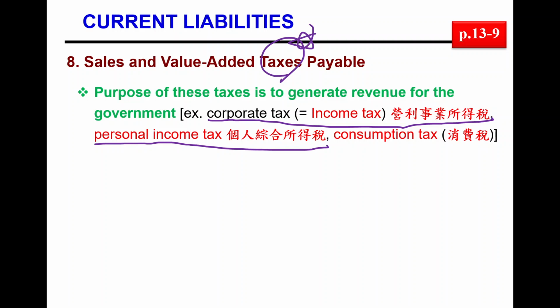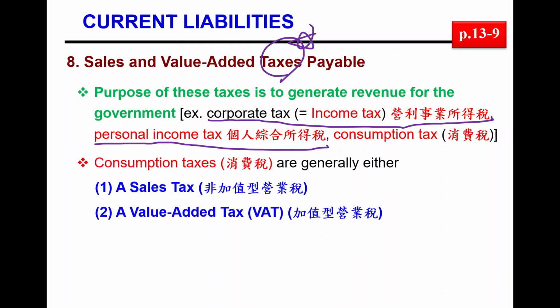But not only income tax you have to pay. Also, as we've mentioned before, consumption tax is what? It is when you buy something, you have to pay the tax. So consumption tax is the tax paid by the consumer, 消费者, okay?